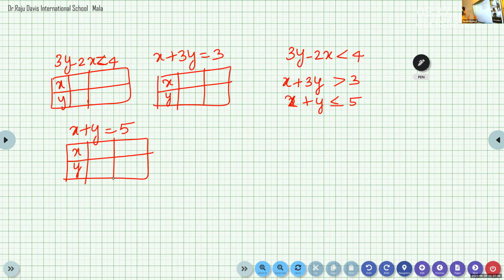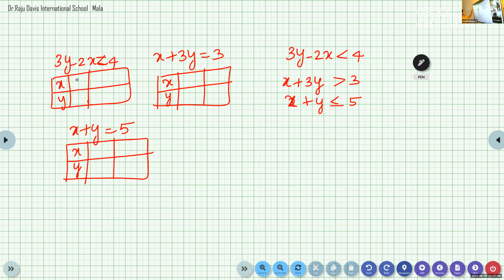Children, always, if you take 0, you can plot the points easily. That's why I insist you to take 0. When x is 0, what is y? 3y minus 2x equal to 4, suppose I put x as 0 here.